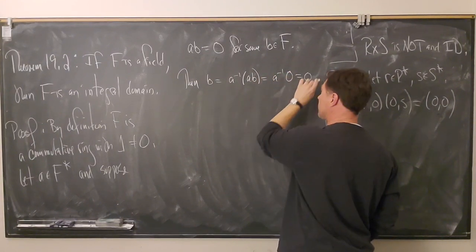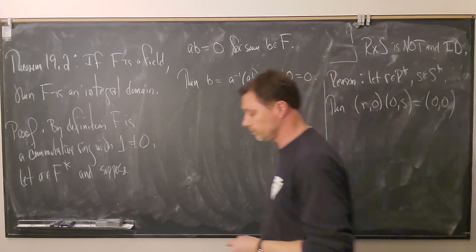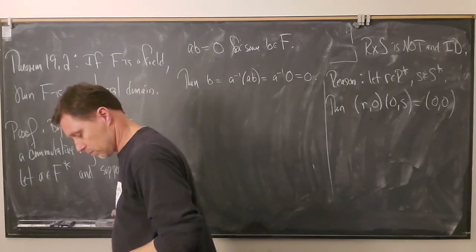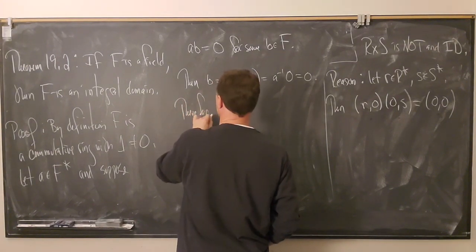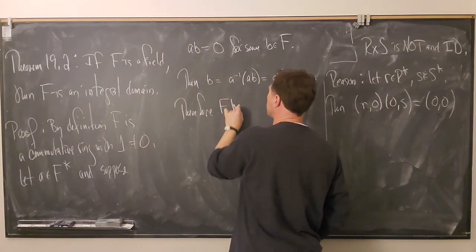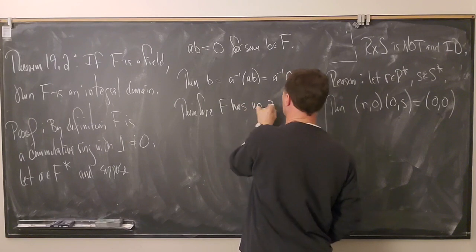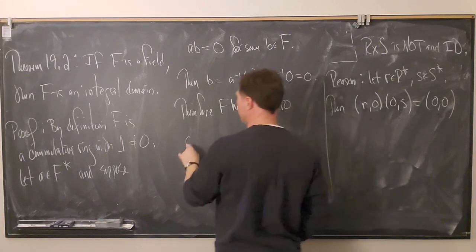So B is equal to 0. Therefore, F has no zero divisors.